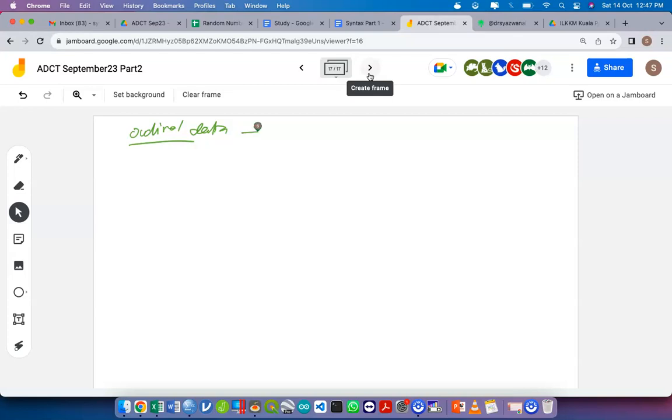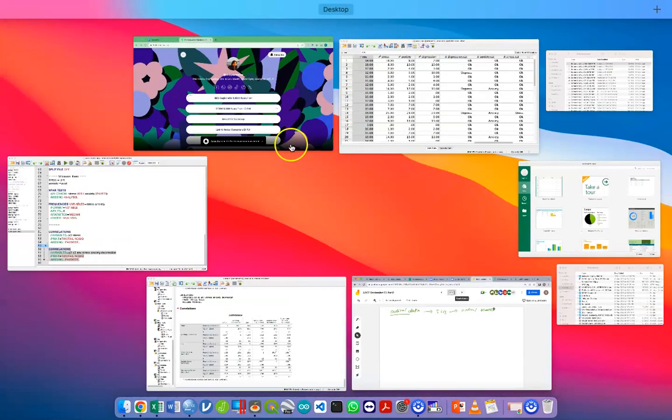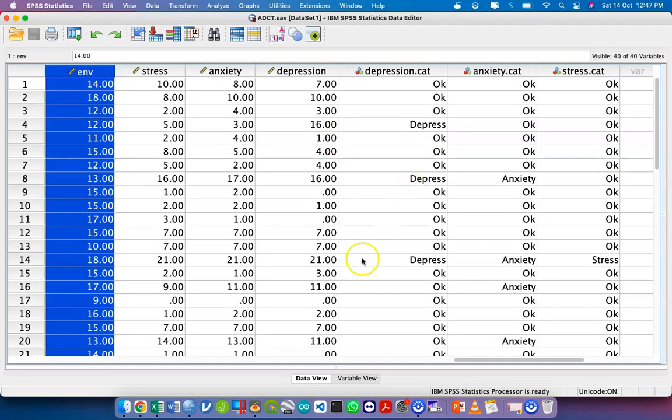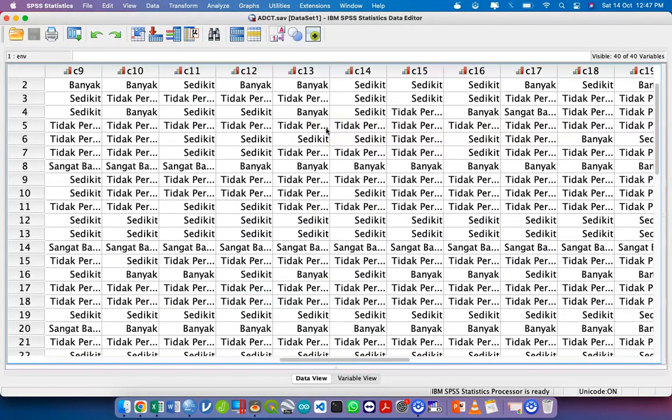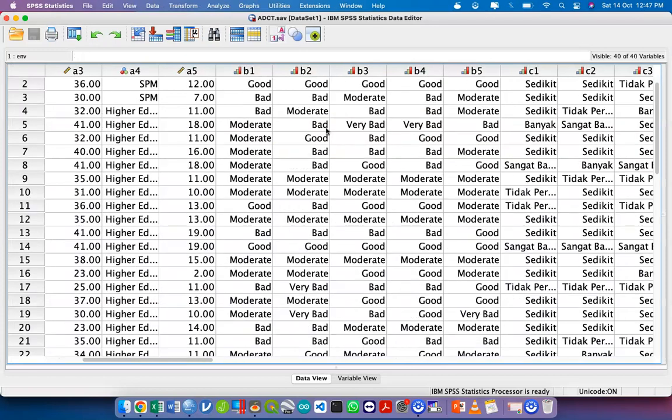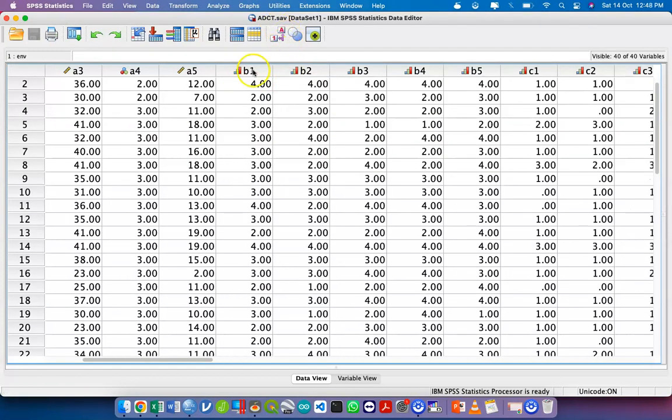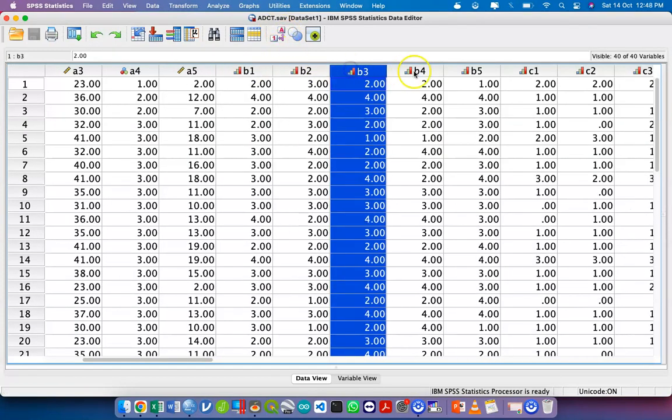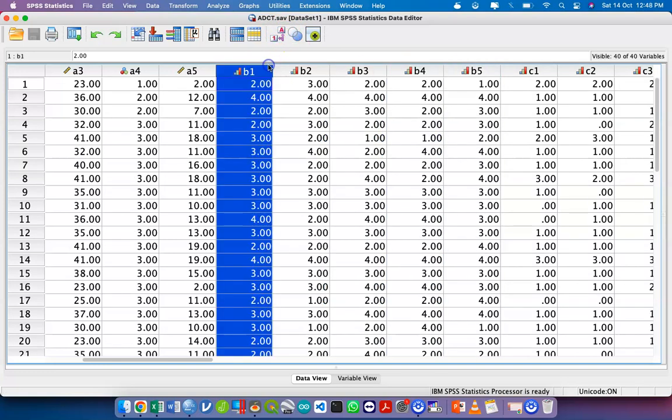Kalau anda ingat, we have 5 IVs individually asked using the ordinal scale. Remember? Tengok balik dalam data tuan-tuan dan puan, kita ada 5 IV yang specifically ask about the environmental factor. Betul tak? Dan environmental factor ini disusun dalam format nominal or ordinal. Dalam format ordinal.